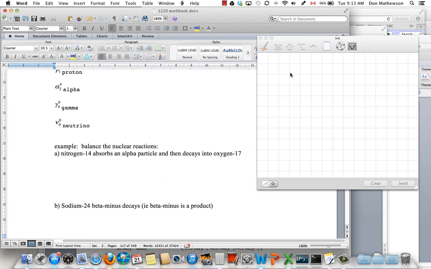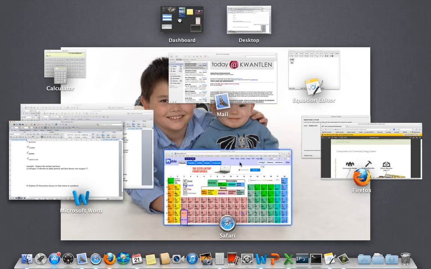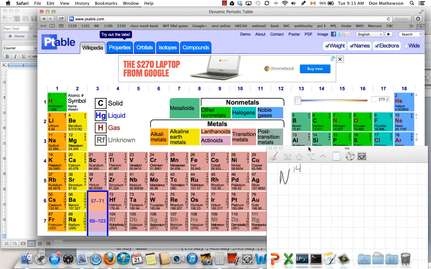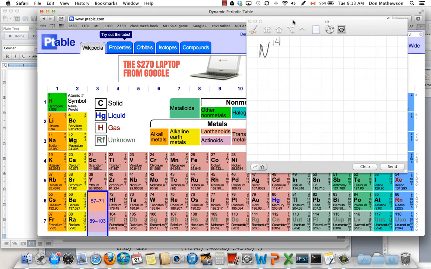So we've got nitrogen 14. We'll look at the periodic table. Here it is, and we see that nitrogen has atomic number of 7. There's nitrogen right there, atomic number 7.